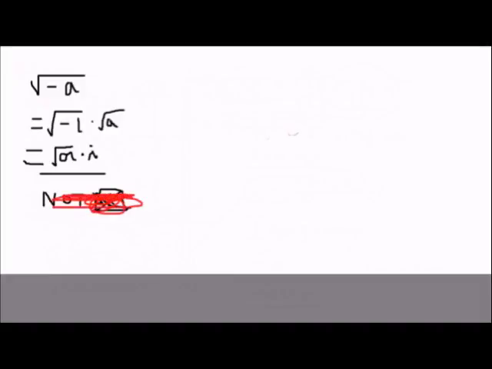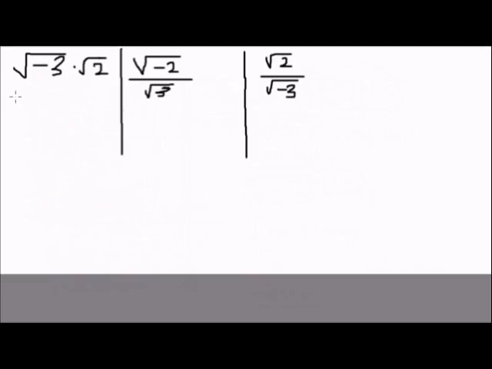Square root -3 times square root 2. The far right one is actually too hard, so I'll skip it. Okay, square root -3 is, of course, square root 3 i. Pretty obvious because we said that before. And then it's square root 2. Just carry it over. Let's put the coefficients first.